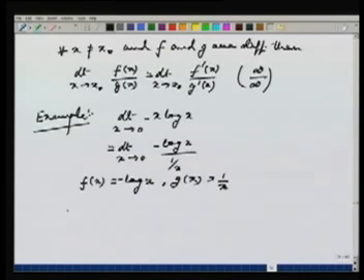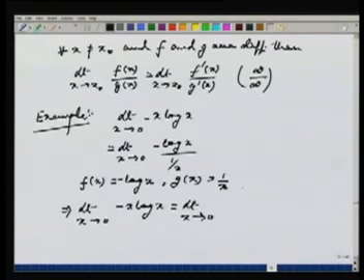By L'Hopital's rule, this implies that limit x going to 0 minus of x log x is equal to limit x going to 0, now the derivatives come, that is minus 1 by x divided by minus 1 by x square, that is limit x going to 0 of x, which is equal to 0.